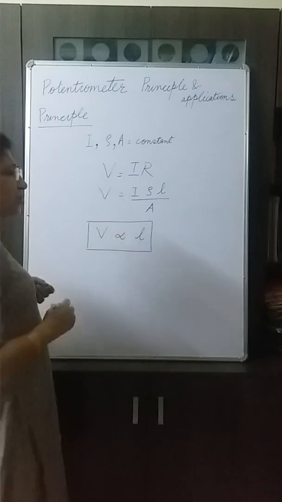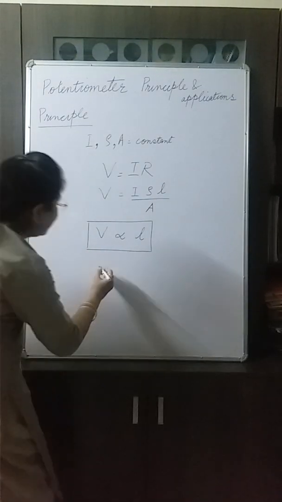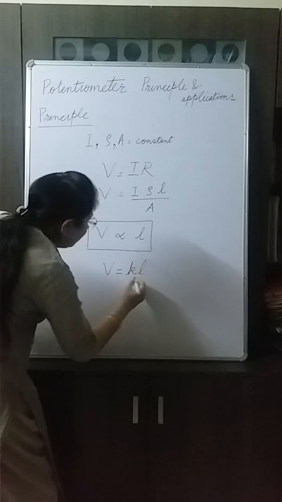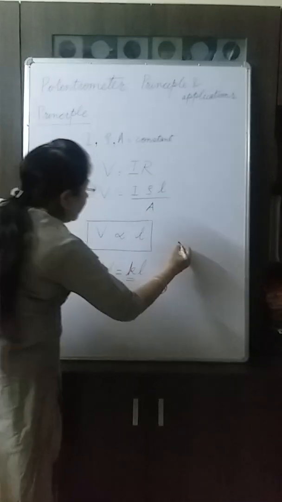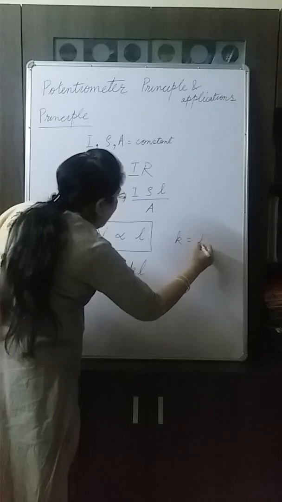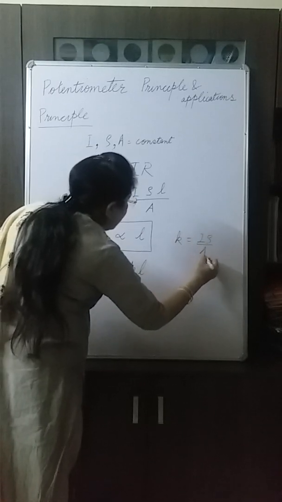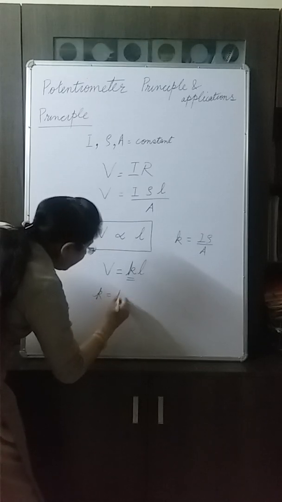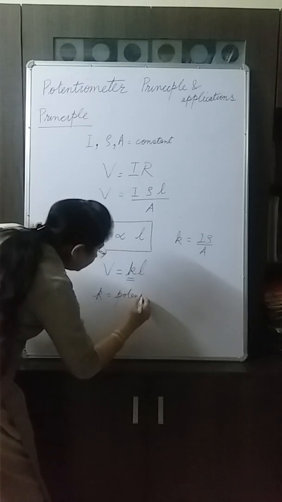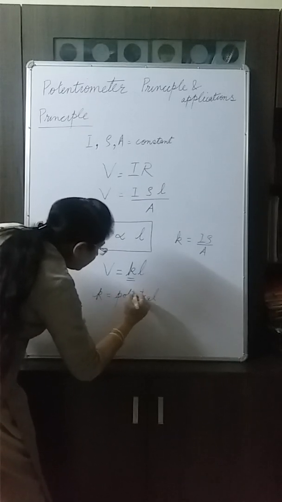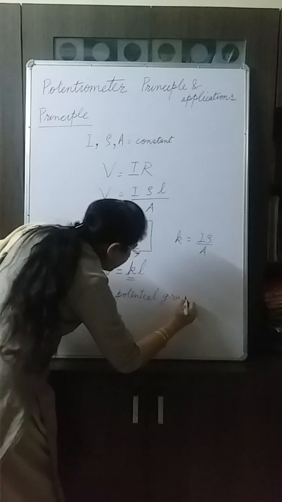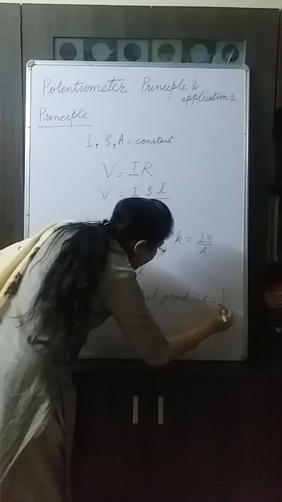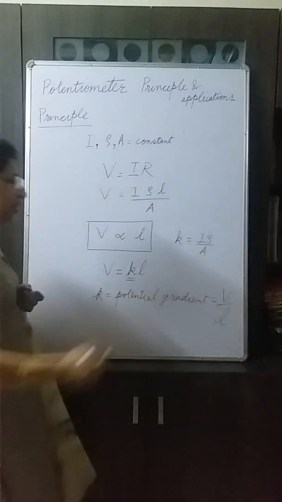Since V is proportional to L, we can write it as an equality also. V equals KL, where K is I rho upon A. We call it the potential gradient, since it is the rate of change of potential with length.